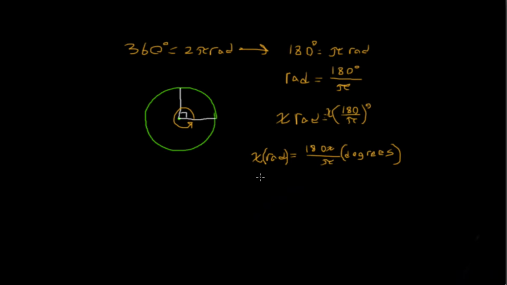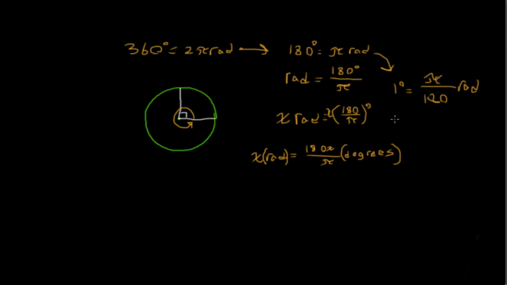Okay. So what's a degree equal to? Let's do it the opposite way. So we can go back here and say that 1 degree is equal to pi over 180 radians.